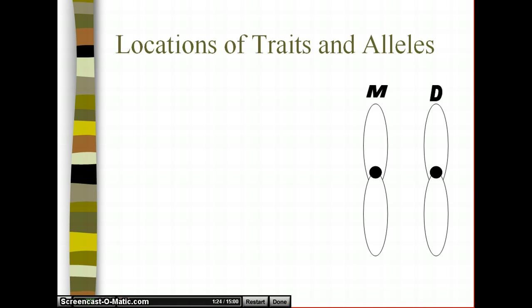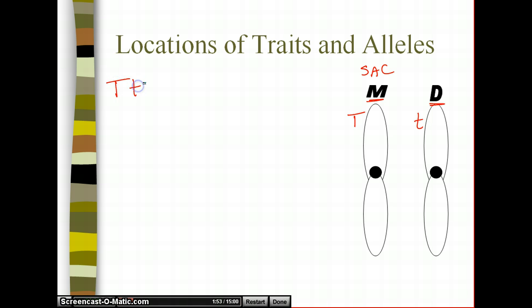You should know by now that traits, or the genes for traits, are found on your chromosomes. So let's say that these are single-armed chromosomes from mom and from dad. Your alleles would be found on these chromosomes. Remember we said homologous chromosomes: same gene, different form of a gene. Big T, little t, two different forms of a gene.